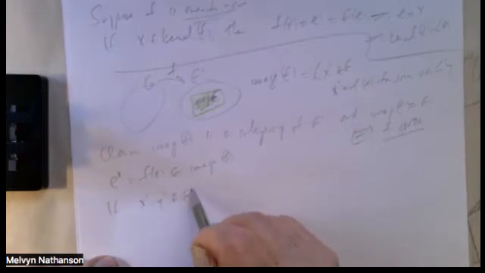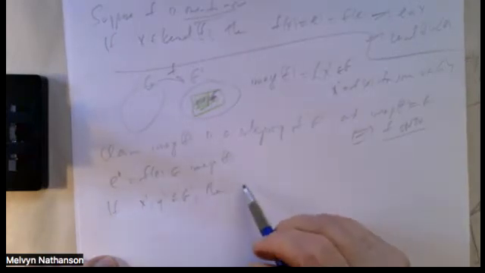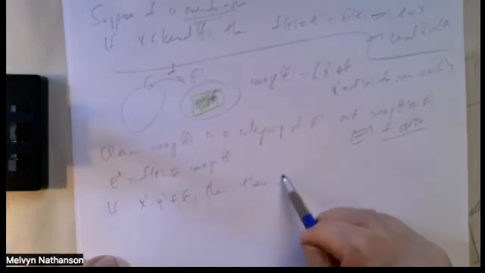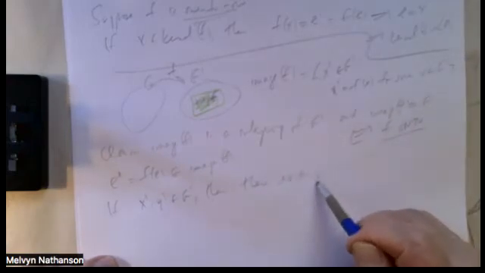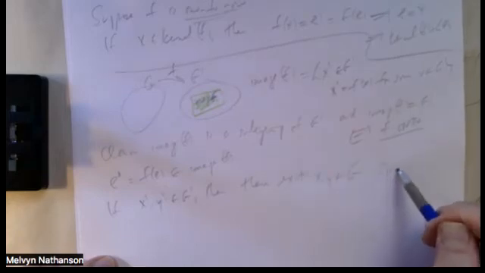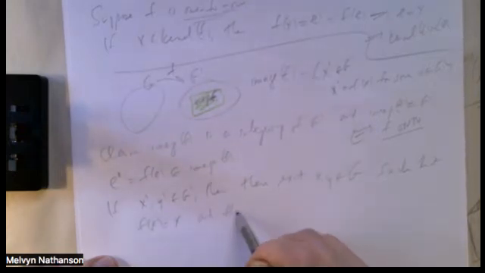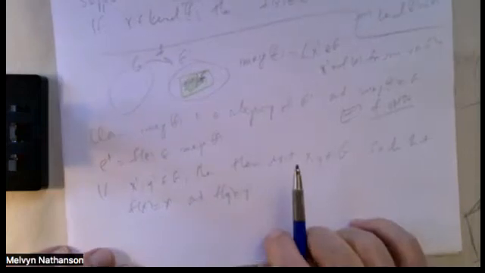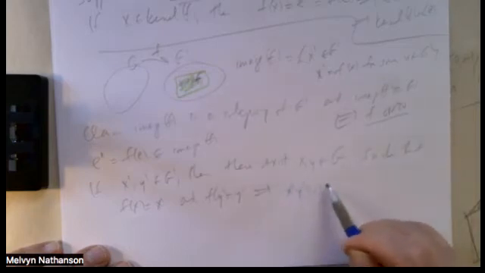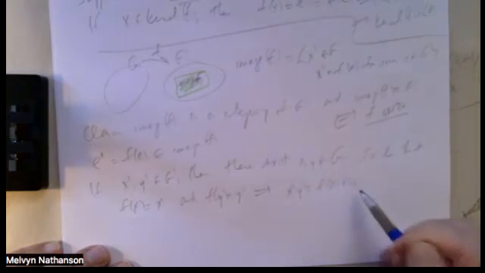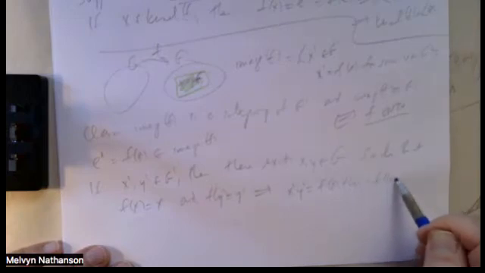And if x prime and y prime are in G prime, then that means there exist elements x and y in G such that f of x equals x prime and f of y equals y prime, which means x prime y prime is f of x, f of y, but that's f of xy.